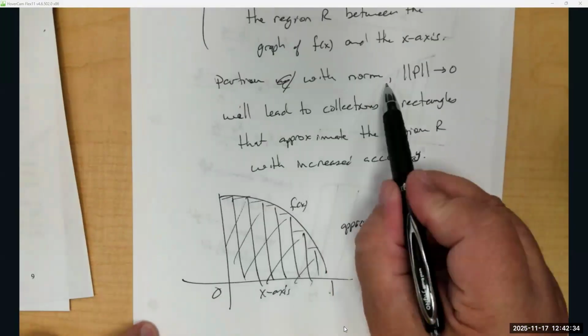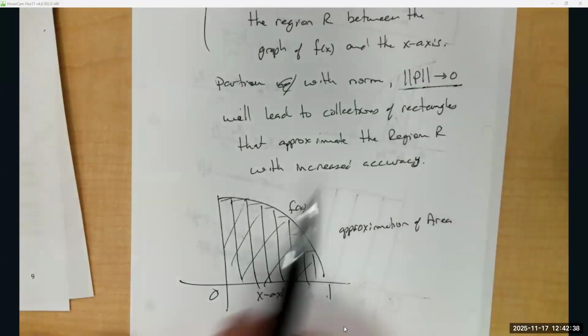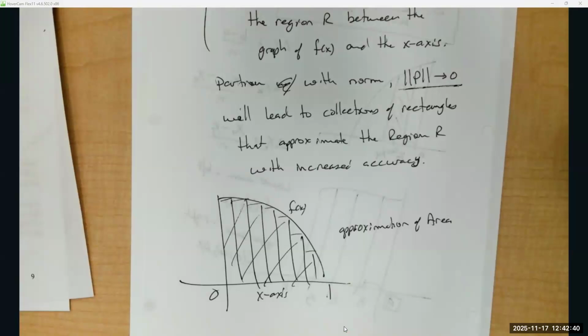So now, with the norm going to 0, what does that mean? What does the norm going to 0 mean? What does that have to do with anything? What is the norm? We just talked about it 20 minutes ago.